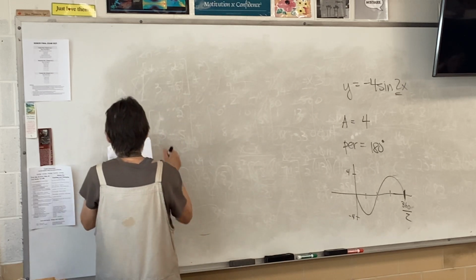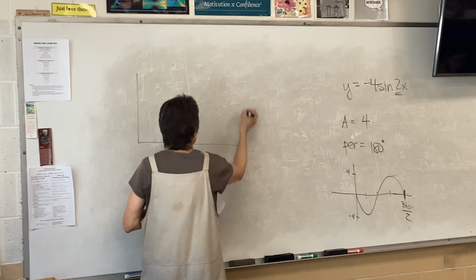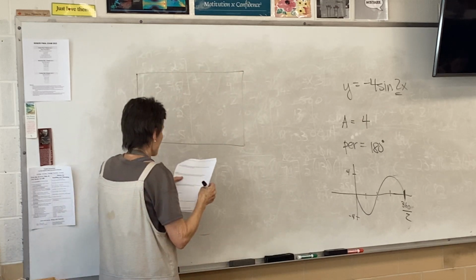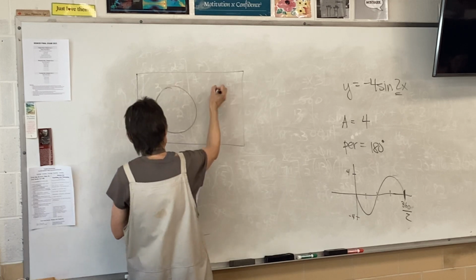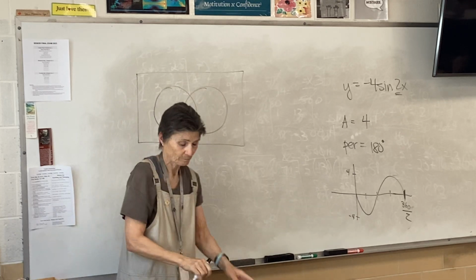Okay, 32 students in math class. I'm going to draw a Venn diagram because this just feels like a Venn diagram. Does it feel like a Venn diagram to you?